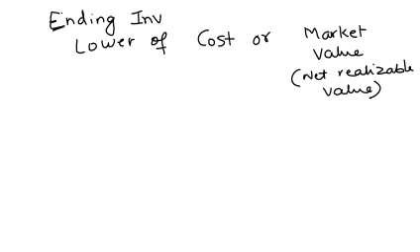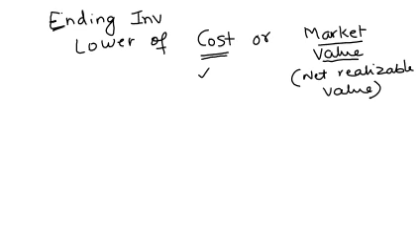So what this says is if the cost of the ending inventory is lower than the market value, report the ending inventory at cost. However, if the market value becomes lower, use the lower market value to report the ending inventory.